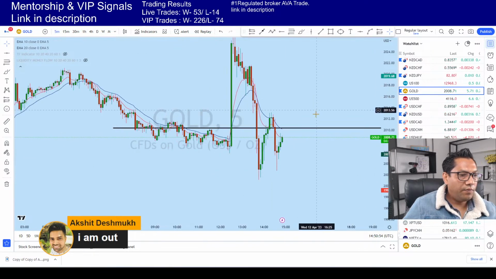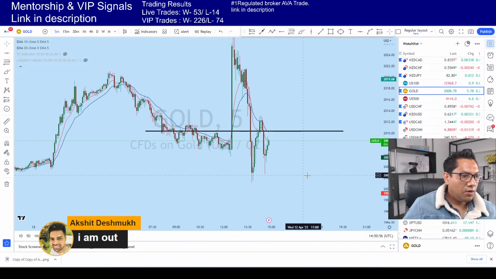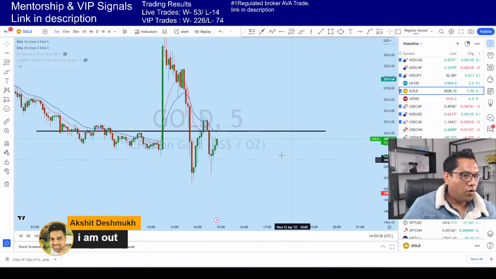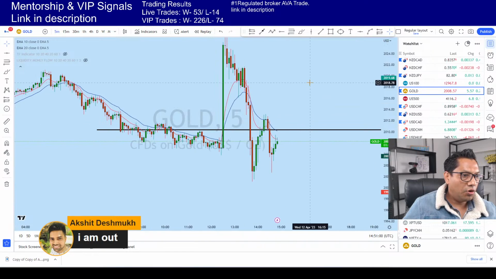So this is the 5-minute chart, and the way it is forming to me, it's a double bottom.